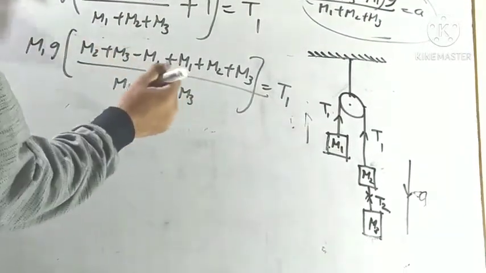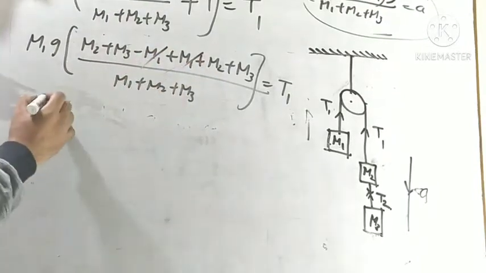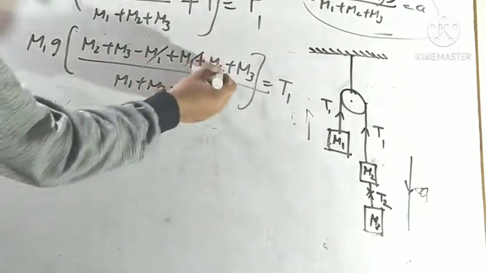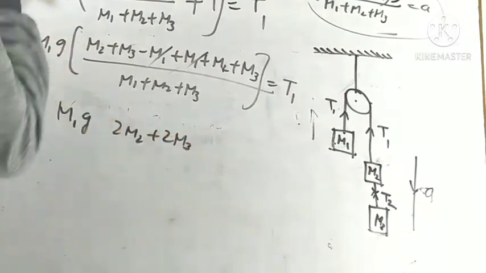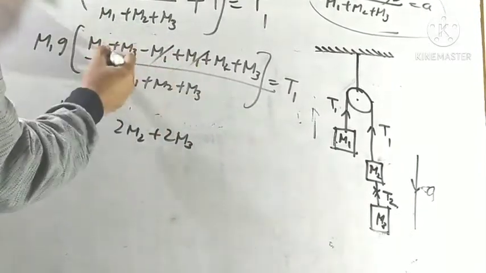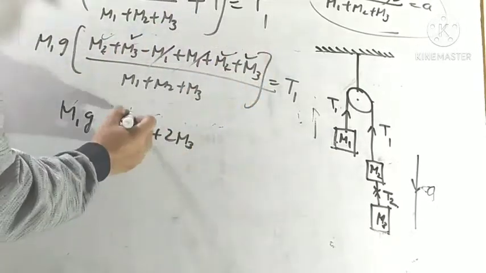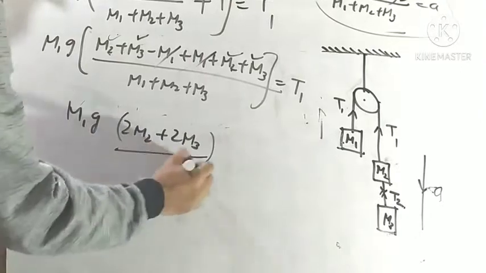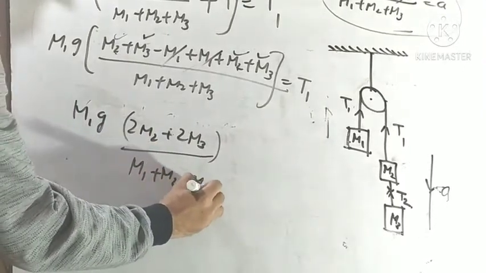Here M1 and M1 cancel each other. So M1G, and here 2M2 plus 2M3. How many M2 are there? 2 M2s are there and 2 M3s are there. In the denominator M1 plus M2 plus M3 equals T1.